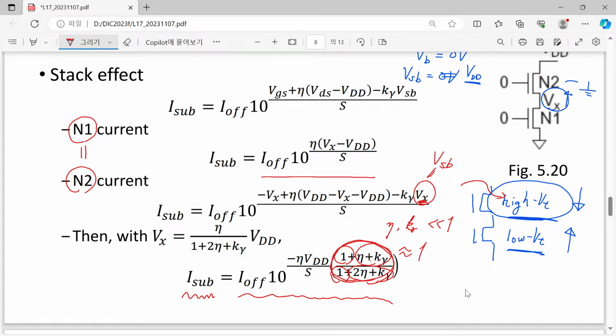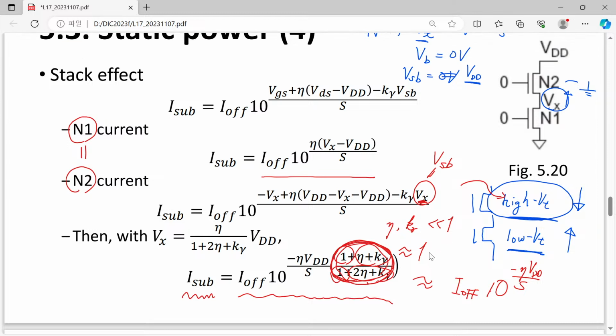So simply speaking, now we can say that our subthreshold current is given by 10 to the s minus eta VDD. So this additional factor can be easily neglected or approximated as 1.